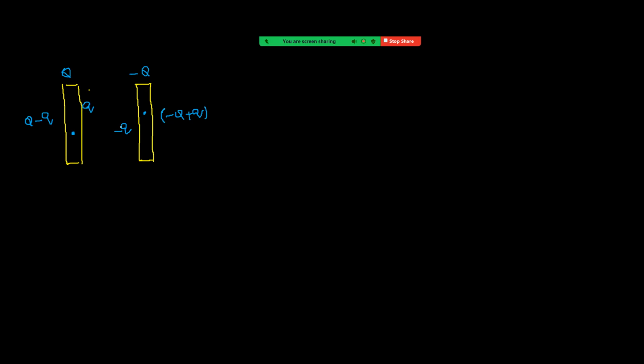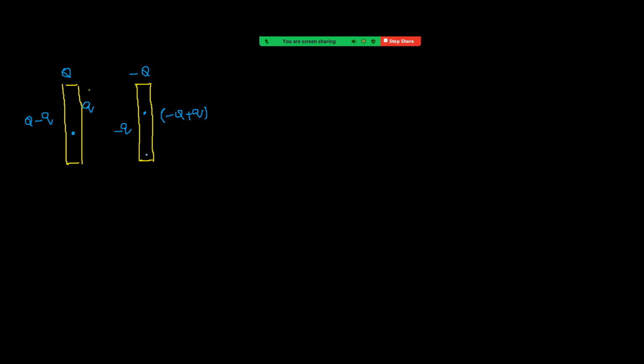That means because of these two, the field inside the conductor will be cancelled. So same logic here also. If you take this point, this is attracting and this is repelling. Since both have the same magnitude, they will cancel. That means the remaining is only due to Q minus q and this charge.